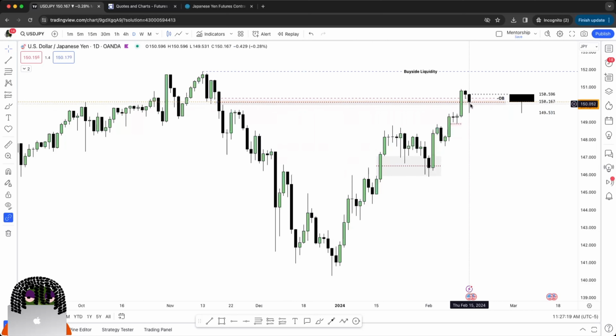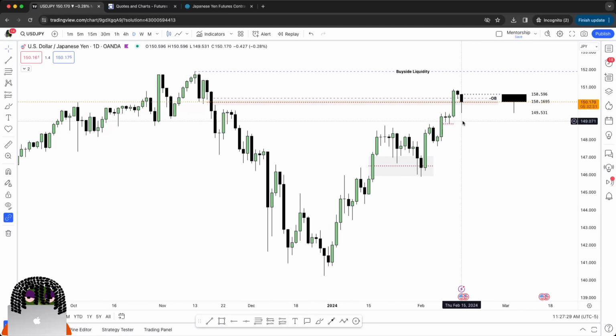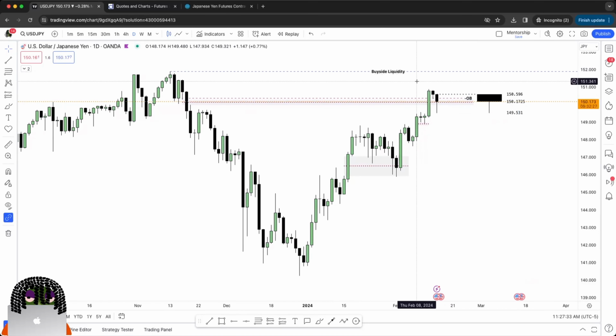Since it traded past it, I'm waiting. Now my next target would be here, because it's still showing that it's bullish. Until it shows that it's bearish, this is where I would expect it to go as far as a target.